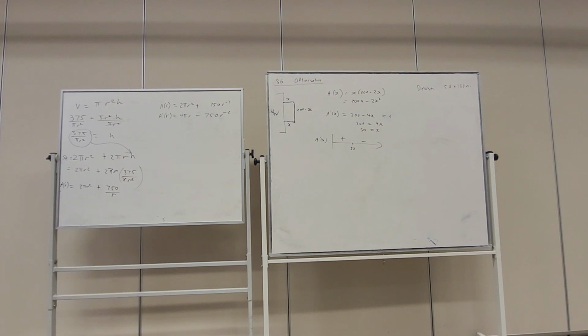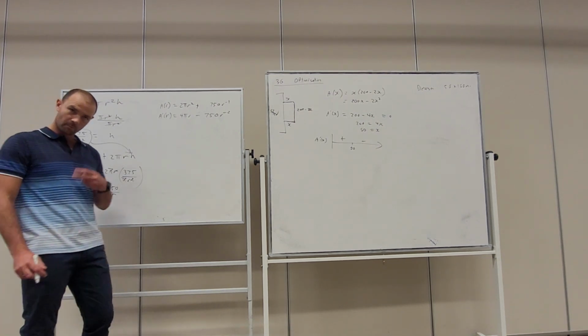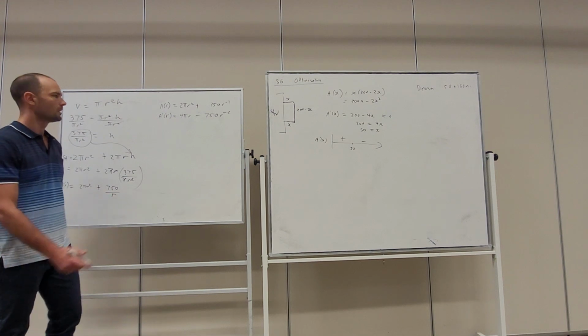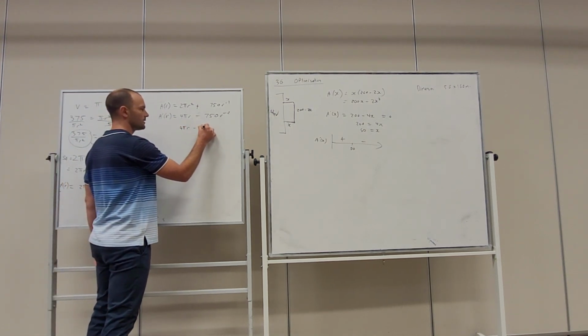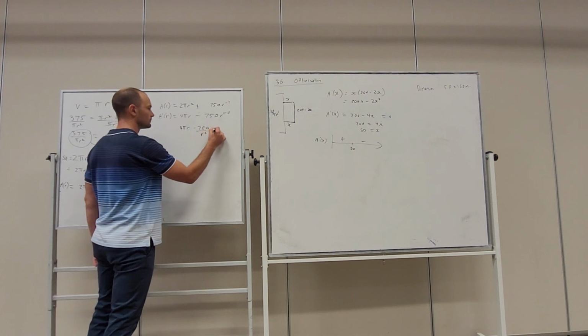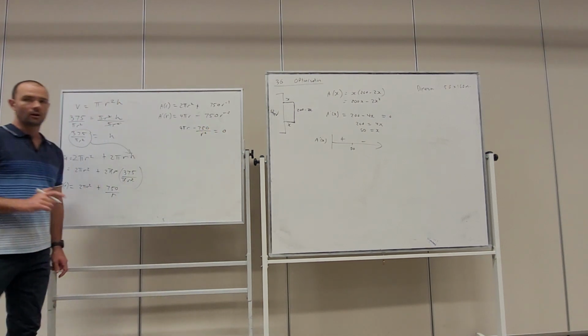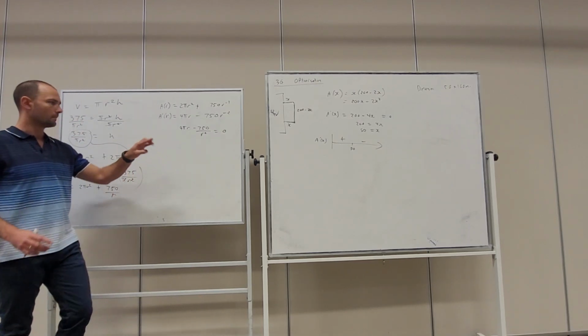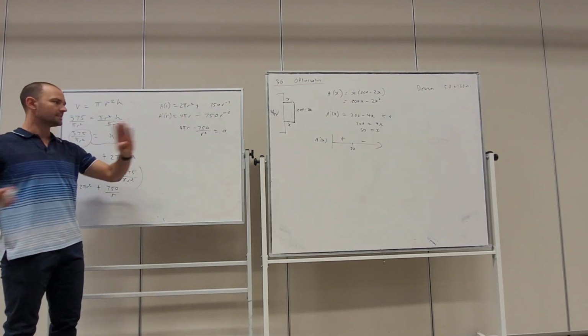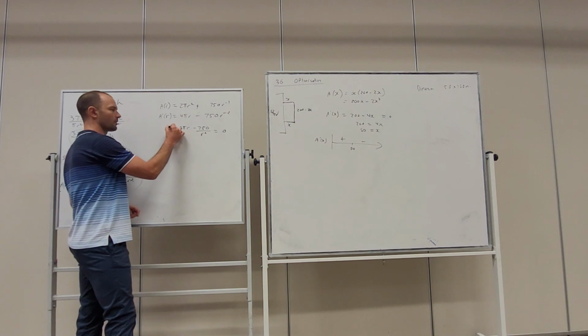Now, in order to find the optimal solution, let's find the exact optimal solution and then we'll round it. So the exact optimal solution occurs when the derivative function is equal to 0. Okay, now whenever we have to solve an equation like this, what we want to do is get rid of the denominator. And so the best way to get rid of any denominators is just multiply both sides by it.